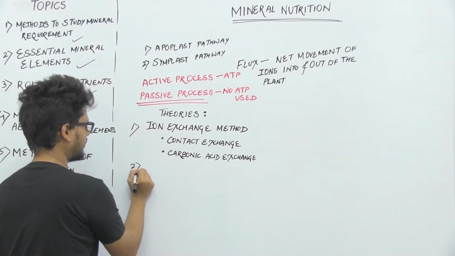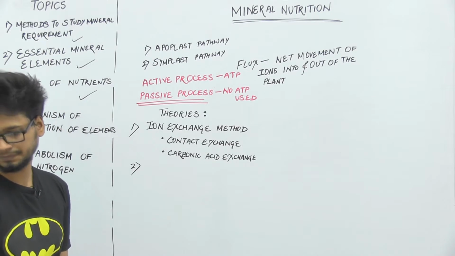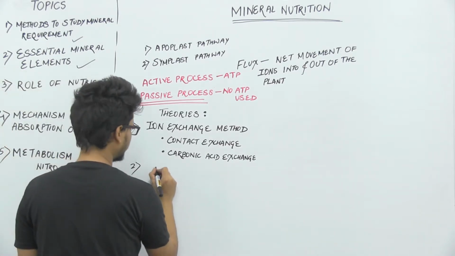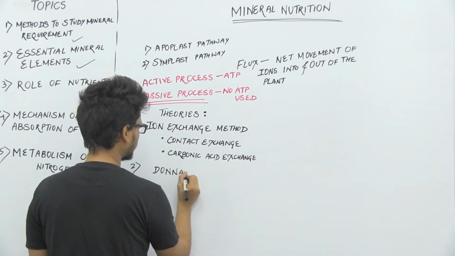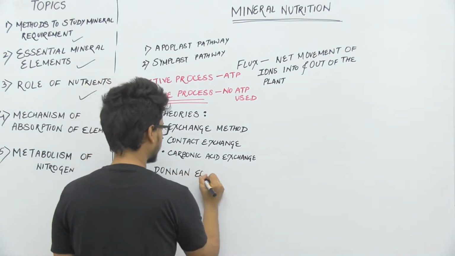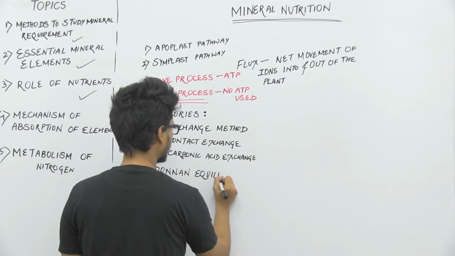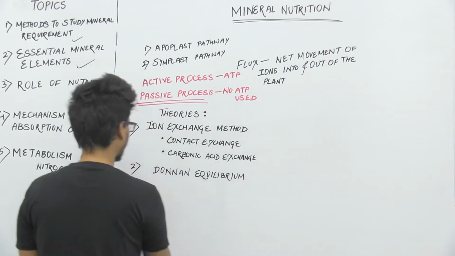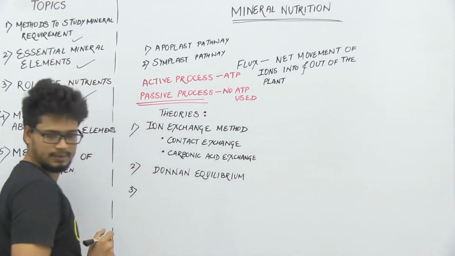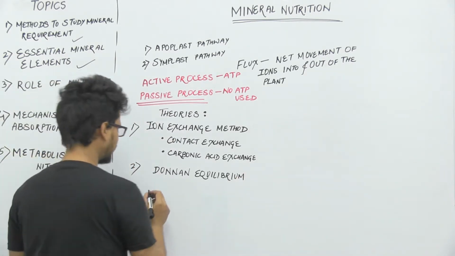The second one is Donnan equilibrium, and the third one is mass flow or bulk flow.